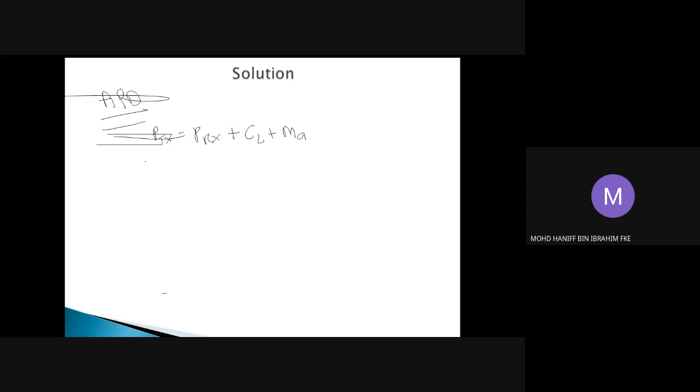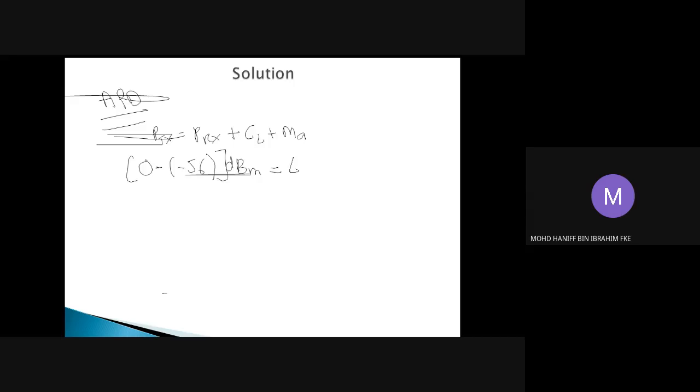The PRX can be brought to the left hand side. So for PTX, it is 0 dBm just now, so 0 dBm minus the receive power of the APD, I mean the sensitivity of the APD, which is negative 56 dBm as given in the question. This is in dBm, and equals the channel loss.